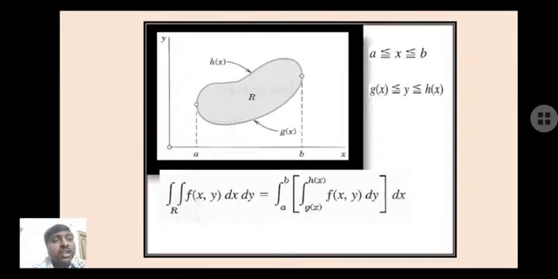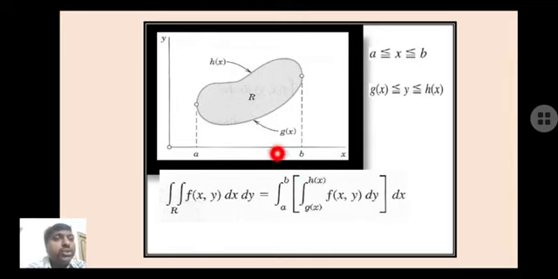I can explain the same thing with the help of the image. Here, x varies from a to b, so your region is bounded with these limits. First, a is the line x = a. One limit of the region is x = a and the second limit is x = b.